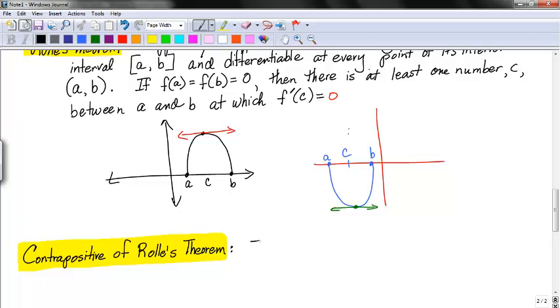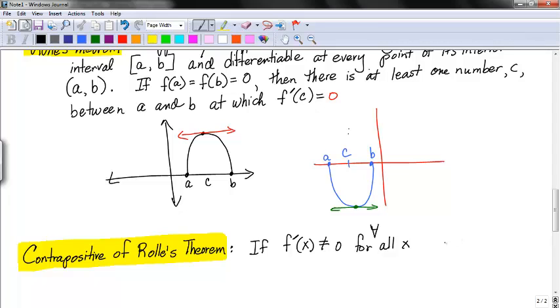It says if f prime, the first derivative of x, does not equal 0 for all x, and remember, a lot of times in upper level math you're going to see the upside down A stand for all, for every, for any.